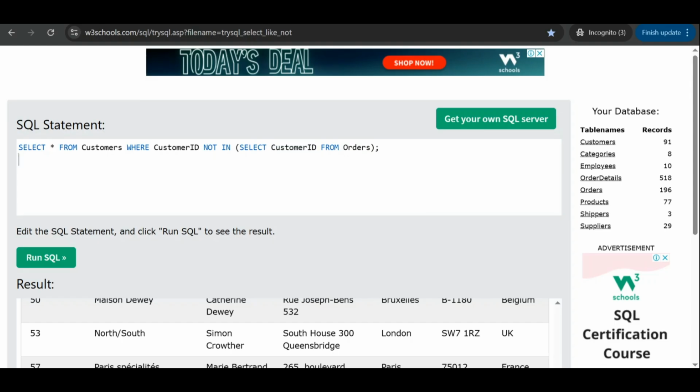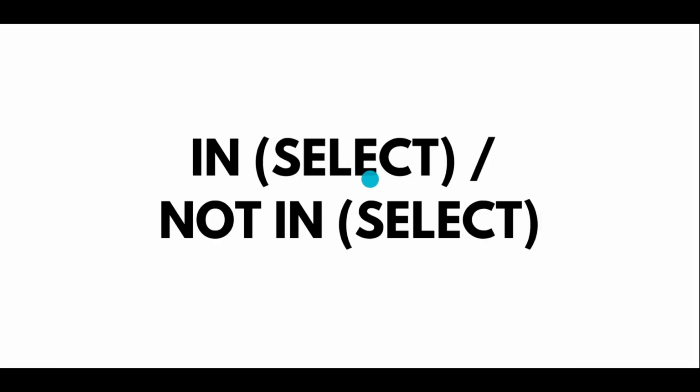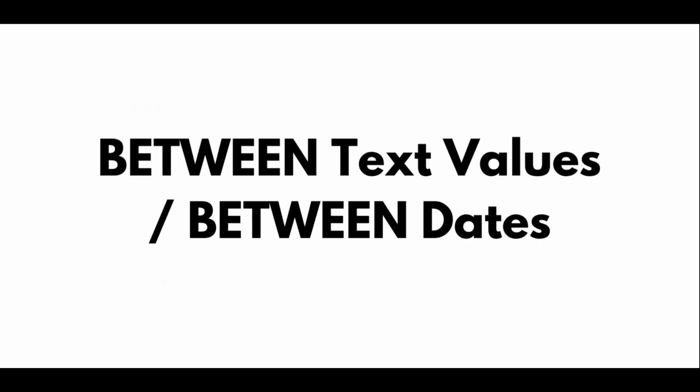IN means your main query's value is in the subquery result, but NOT IN is the opposite: your main query's value is not available in the subquery. That is for IN and NOT IN select.